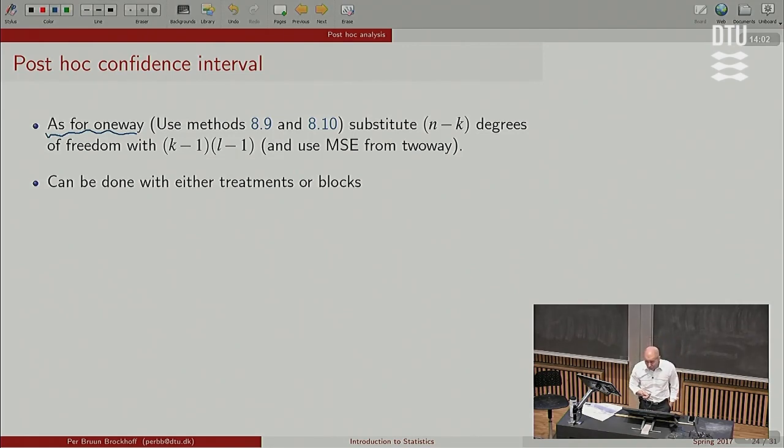But it doesn't mean you're not expected to know how to do it, because you're told to go back and use the same boxes as you were given for the one-way, with two minor tweaks to make it work for the two-way setting. Namely, of course you should, in the formulas, use the MSE. We also called it MSE in the one-way.